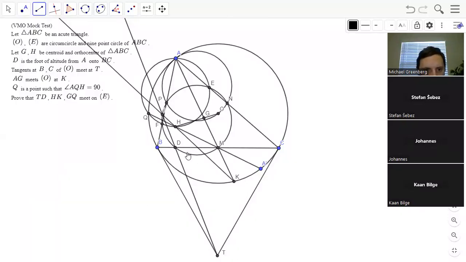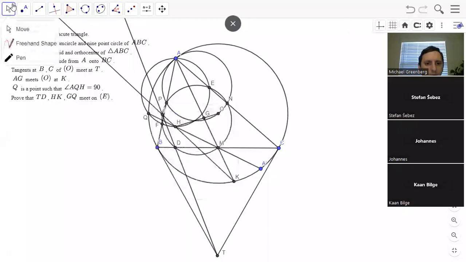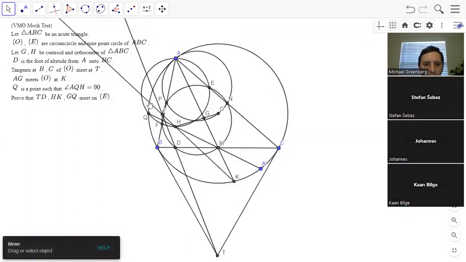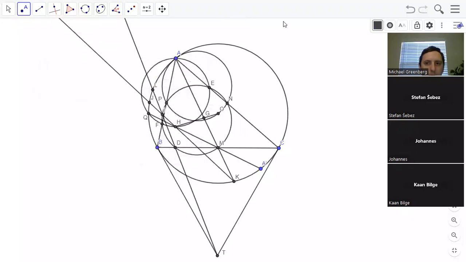And yeah, we want to show that these meet on the 9-point circle and that QG also passes through it. Okay. I don't know if it's worth drawing this point and this point. I'm just going to do it just in case we need it. Oops.